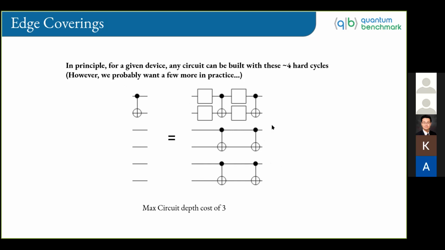So maybe you want to do those 4 and a bunch of specially chosen sparse cycles, and you have a fancy compiler which decides whether to use a dense cycle or a sparse cycle in some application. So there's a lot of room for compiler tricks there. But the point is that the overhead of characterization is not necessarily terrible in a scalable way.